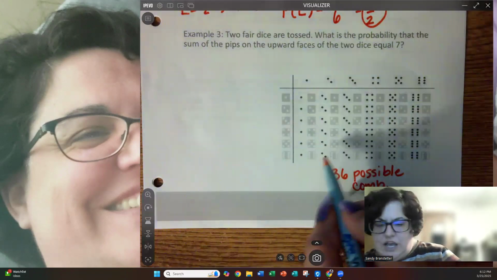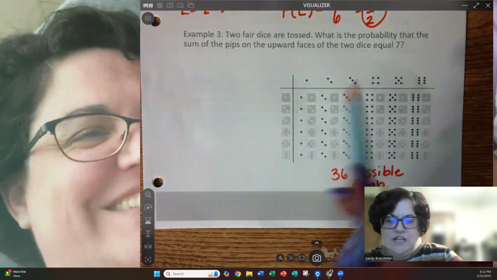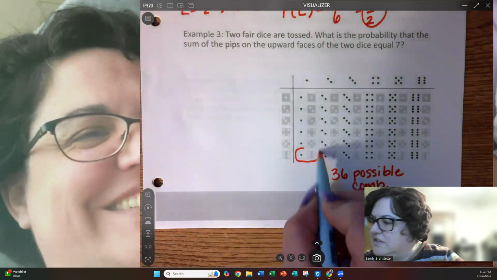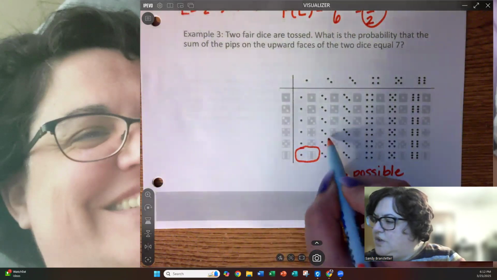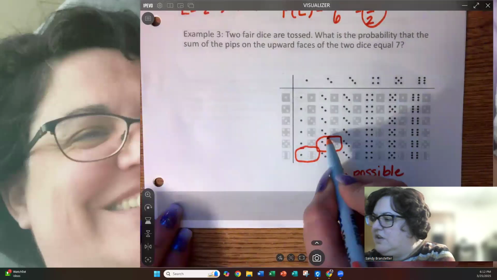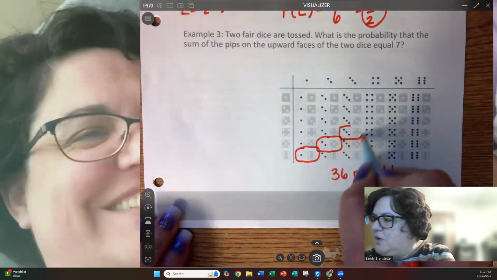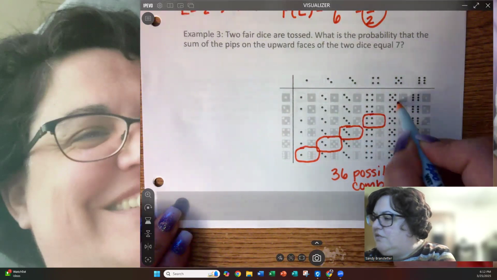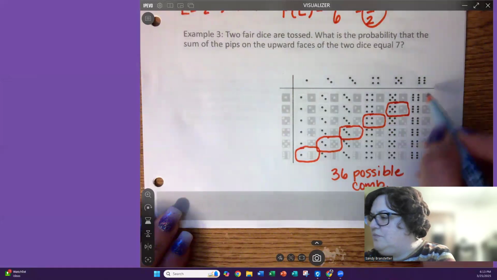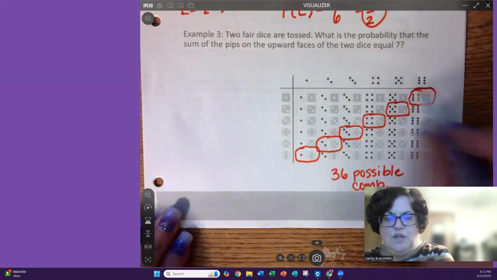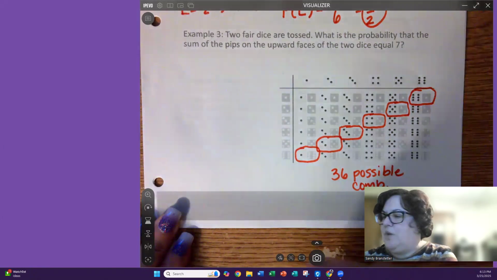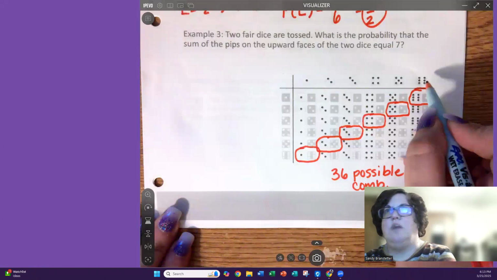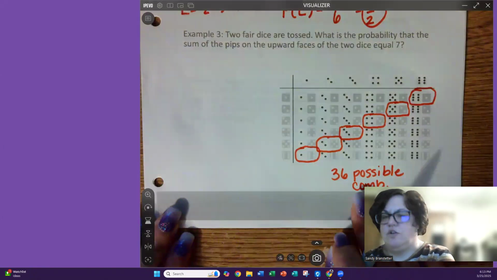Well, if I'm looking at this picture, to get 7, I would have 1 and 6, 2 and 5, 3 and 4, 4 and 3, 5 and 2, 6 and 1. So if I wanted to write down all of the possible, then I would write down all 36 combinations. We're just going to look at the chart for that.